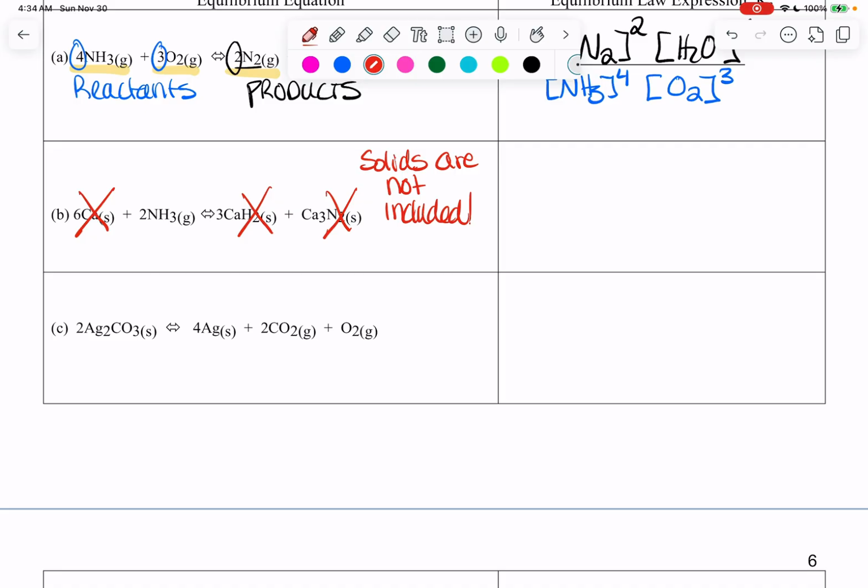So our equilibrium law expression just contains one substance, which is ammonia. So in this case, our Kc is equal to 1 over, because I don't have any products I can include, 1 over the concentration of NH3 to the power of 2, because that's its coefficient.